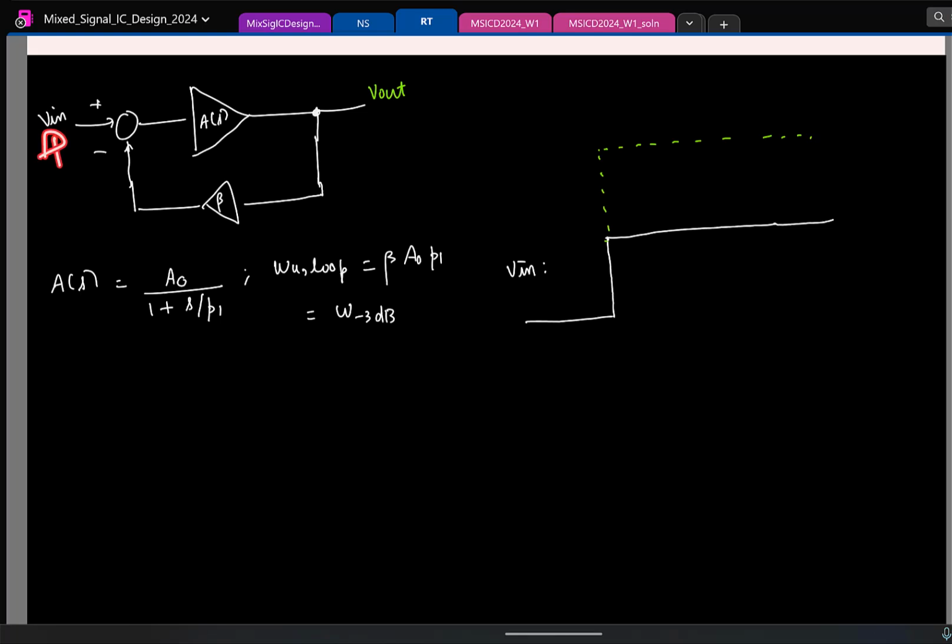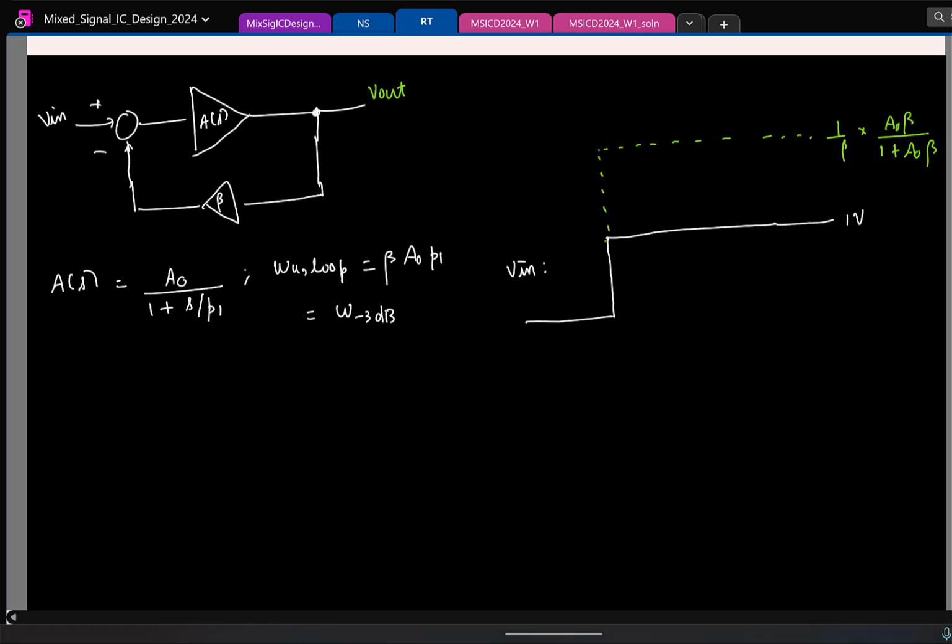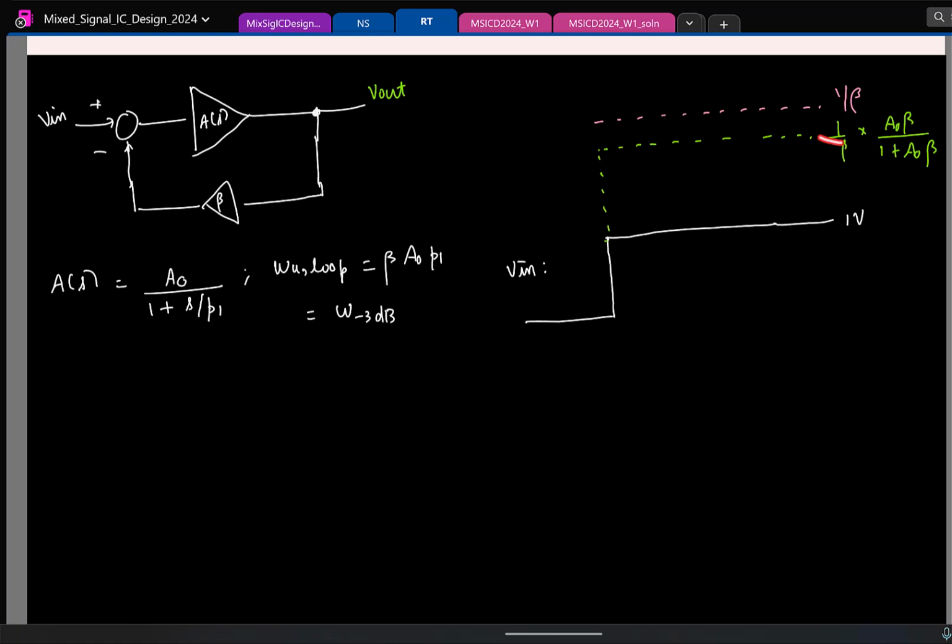I'm feeding in a step input of 1 volt, let us say. What will be the value to which it will reach? Yeah, 1 by beta times A naught beta over 1 plus A naught beta. And the ideal value you wanted is 1 by beta, right? You wanted 1 by beta as the final gain, but due to the finite DC gain, you end up with this. So this is the scenario if there is no pole.